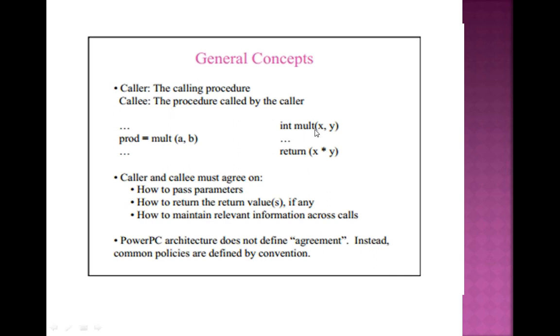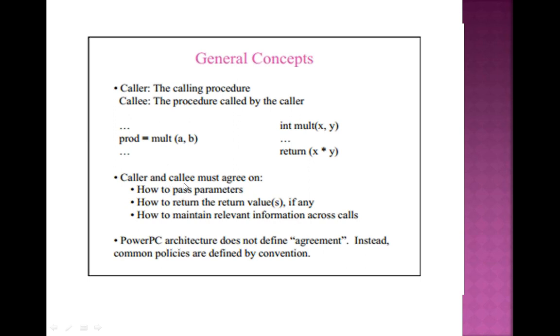This is int multiply(x, y), return x into y, product equals multiply(a, b). So this is how we can jump from one location to another. Whenever the language uses the line product equals multiply(a, b), it directly jumps to int multiply(x, y), then return x into y.